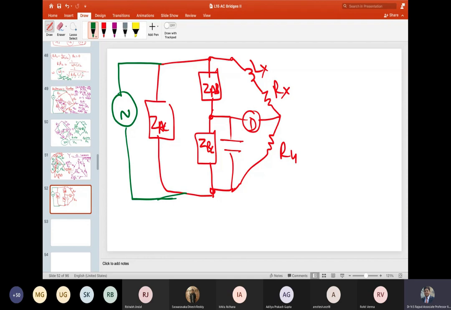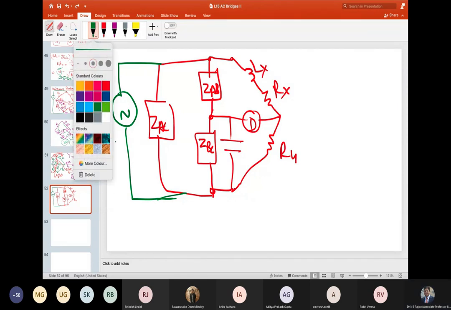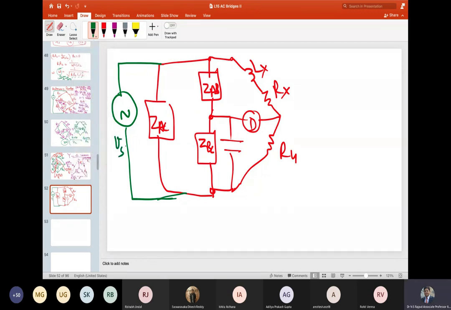So now here you can see that with respect to the source, rather when it is AC, we write it as V is small. So this is VS. So VS is in parallel with ZAC.